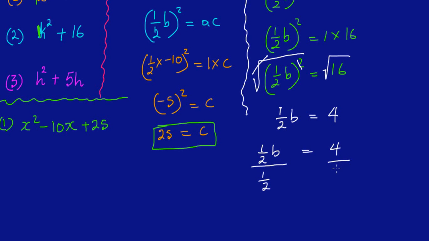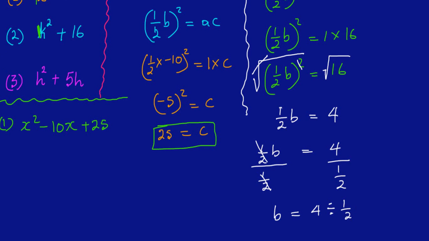So I'm dividing both sides by a half, so a half will cancel a half, and 4 divided by a half is the same as saying 4 times 2. So b is equal to 4 divided by a half.